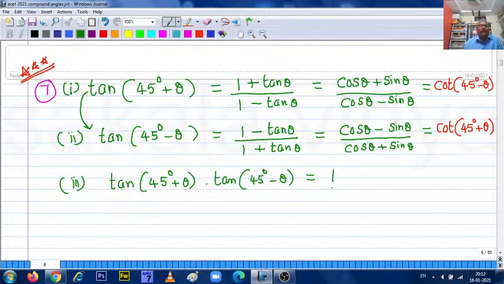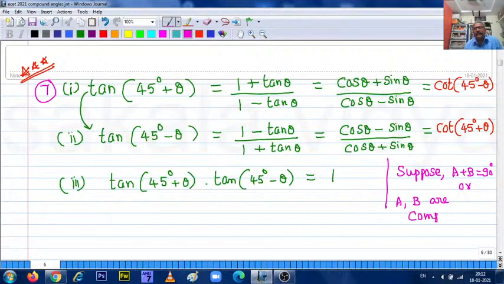From this also, we can frame one more formula. Suppose a plus b equals 90 degrees, or we can say a, b are complementary. Complementary means the sum of the two angles is 90.